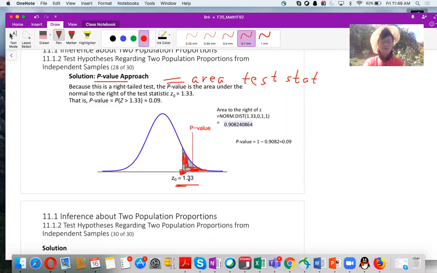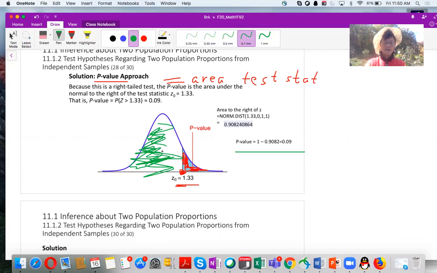How do I find this p-value? I can use Excel, but both Excel and the table are based on the area to the left. So if you want to find the right tail area, you have to use 1 minus this big area, and you get the right tail area.